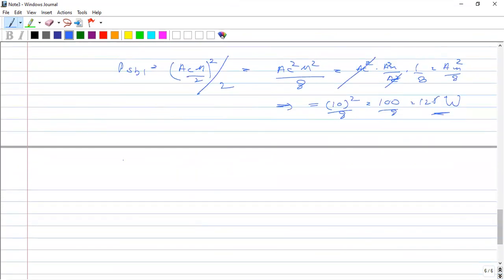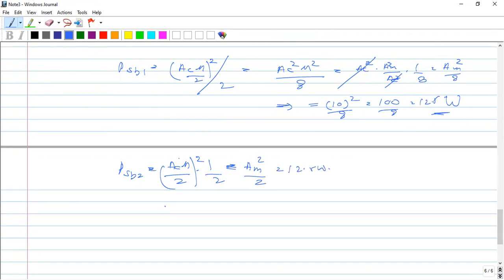So for SB2 also, you will get (Ac mu by 2) squared divided by 2. Here also we get Am squared by 8, that is 12.5 watt.